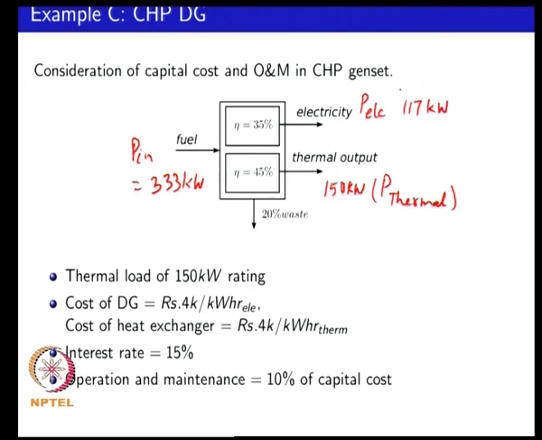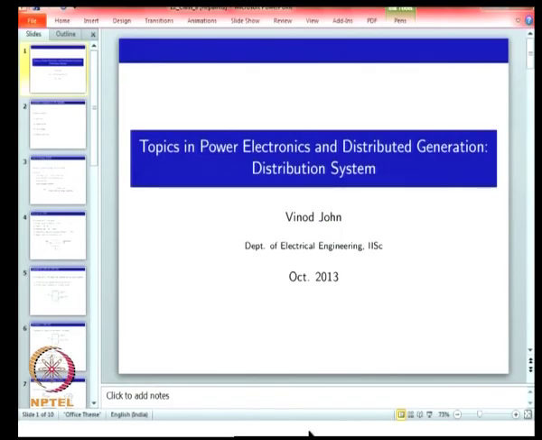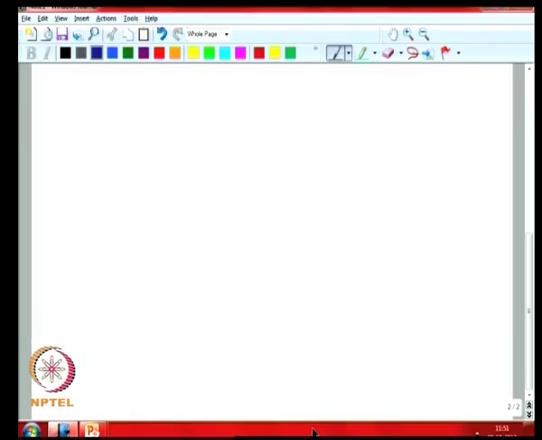So, now you know the rating of your electrical system is 117 kilowatts, you know the rating of your thermal system is 150 kilowatts, you know the cost per kilowatt rating of your electrical and thermal system. So, you can calculate the capital cost. We will work through the example.